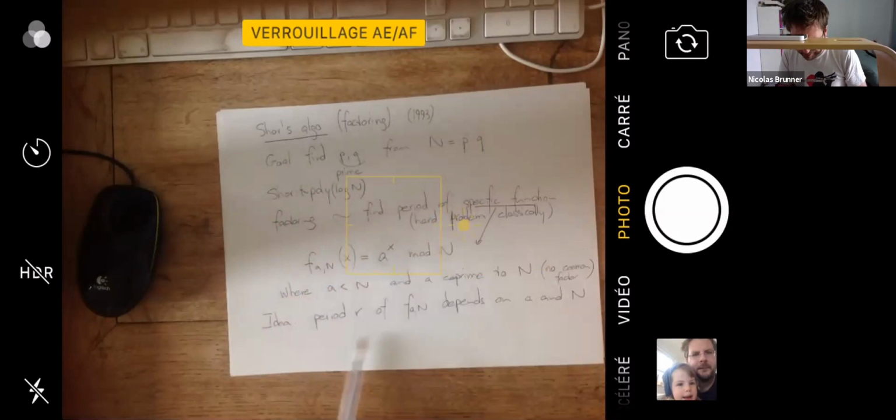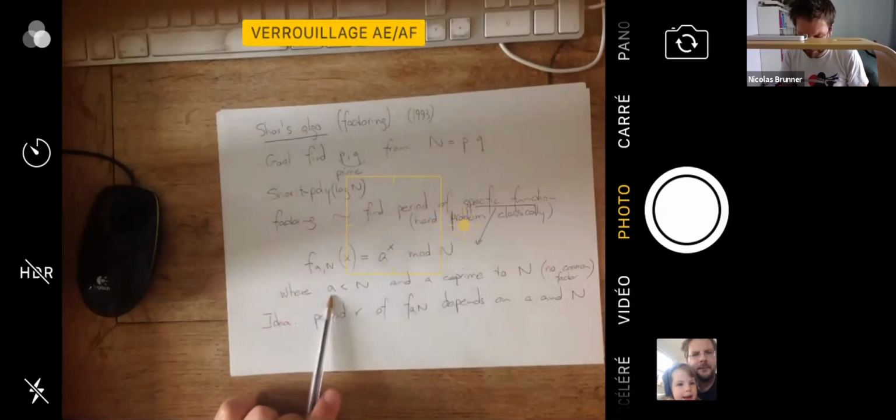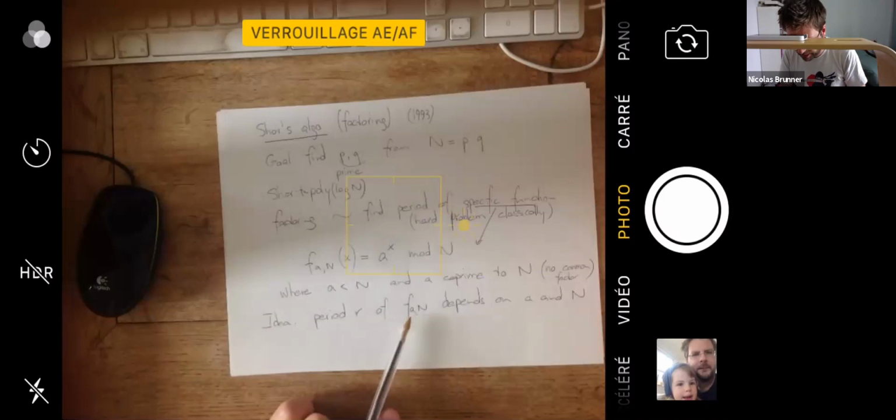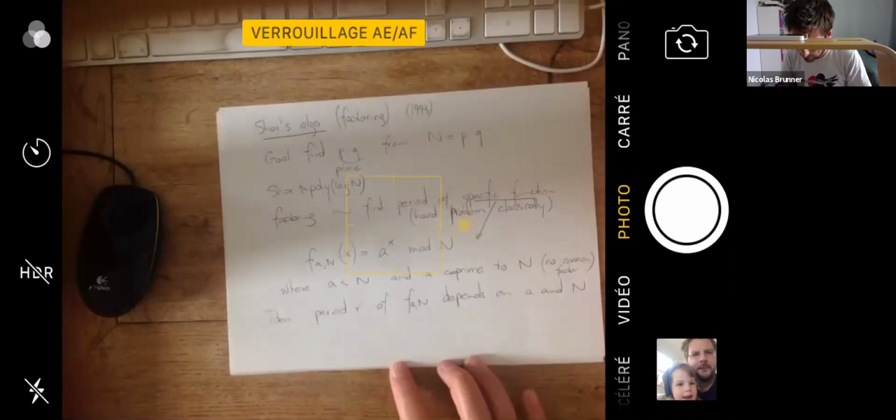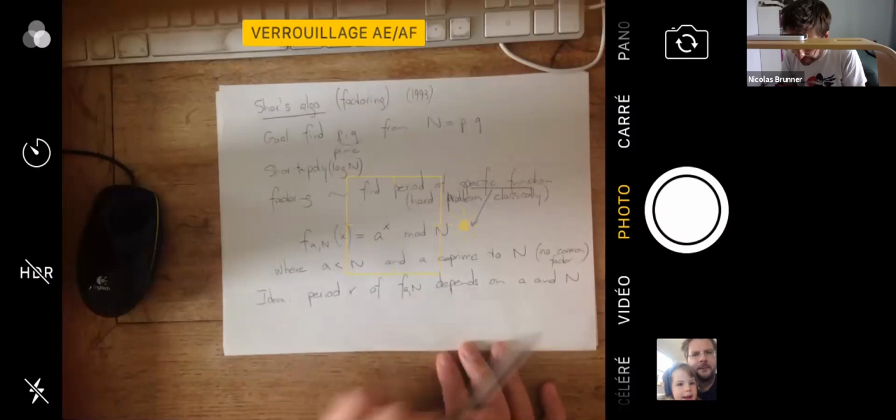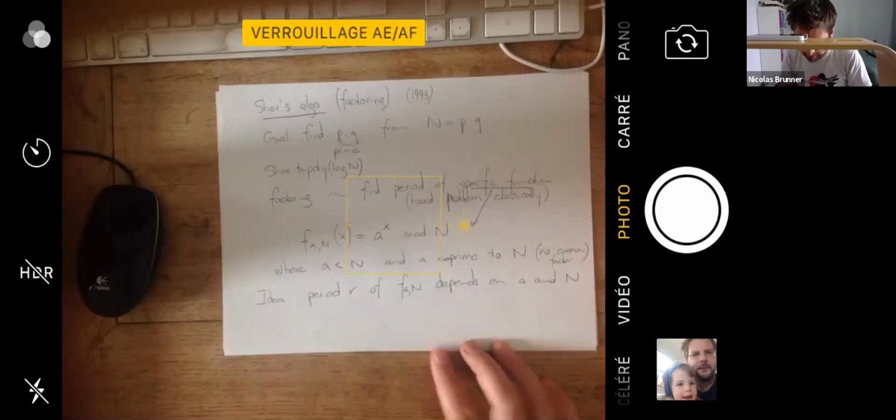And so therefore, if you are able to find out what is this period, given that a will be a number that you choose when you do your computation, then if you know the period, if you know a, then you will be able to find the factors of n, okay.